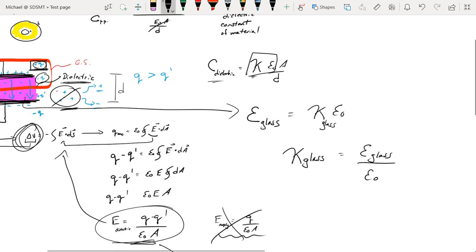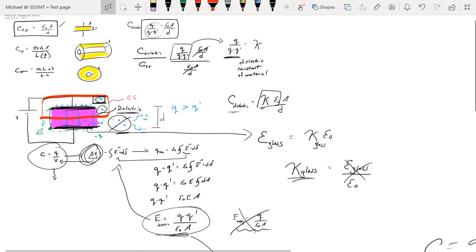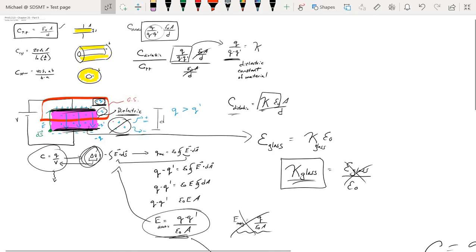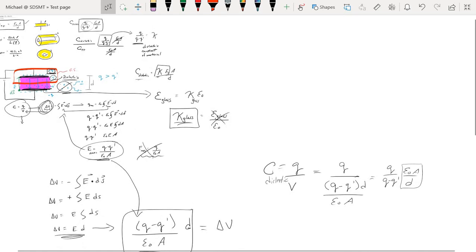But this means that we don't really need to look up the permittivity for the glass. We can just look up the dielectric constant. And it's actually more beneficial to us to use the dielectric constant, because now think back to all of the different discussions that we've had throughout the semester where epsilon naught shows up.